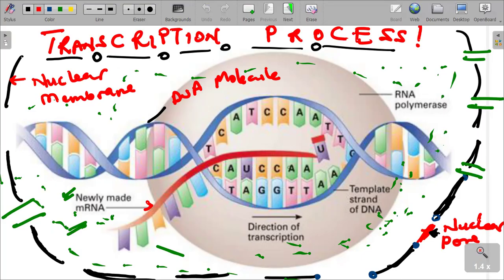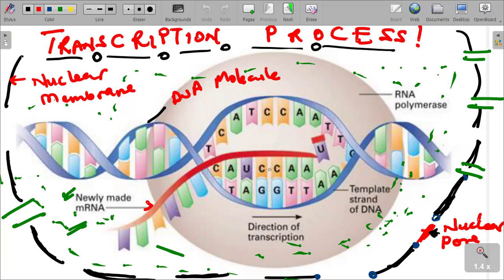I also said that you need to know that this diagram is representing the transcription process, which sometimes you are going to see, and you will be asked to label certain areas or components. You might be given the DNA nitrogen bases, and then you won't be given those of the mRNA that is being formed.